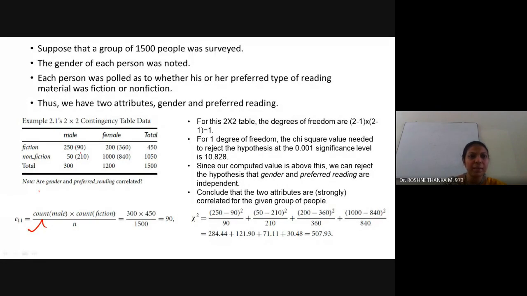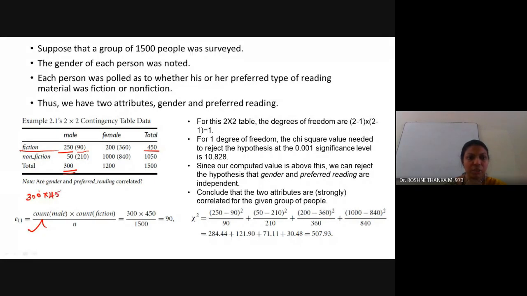So now can you tell me how you got this 90? How to calculate the expected value? This is the observed count value. This is the count of male, right? The total count of male, this column, is 300, and the count of fiction, this one, is 450.